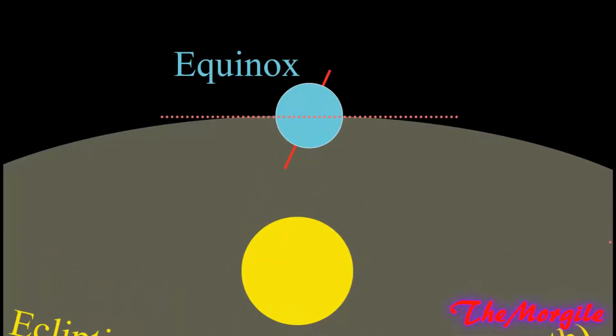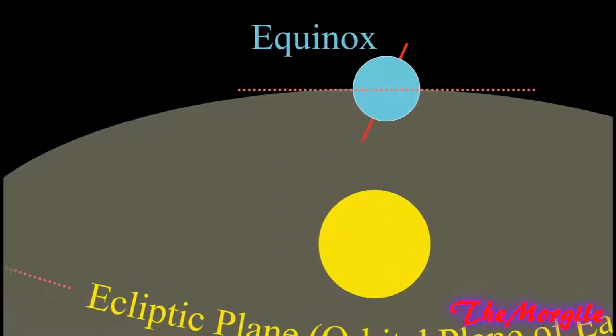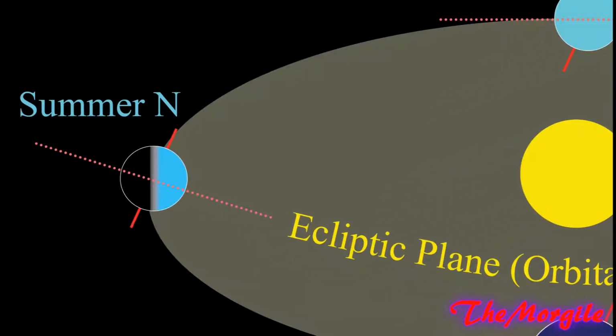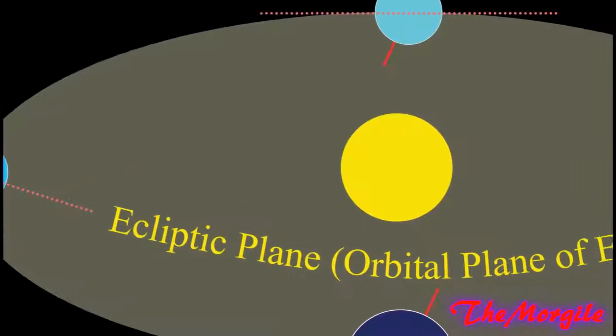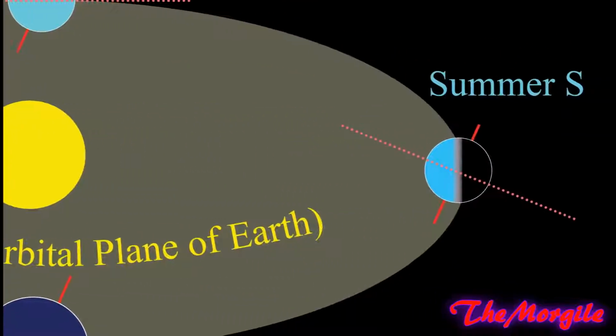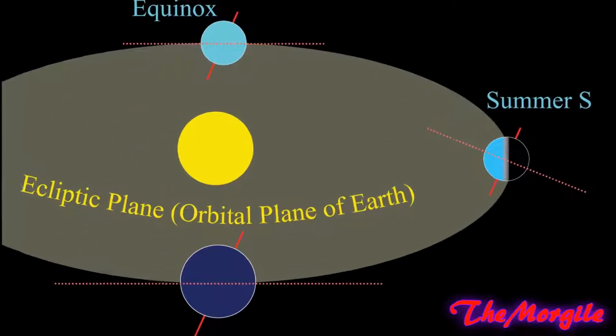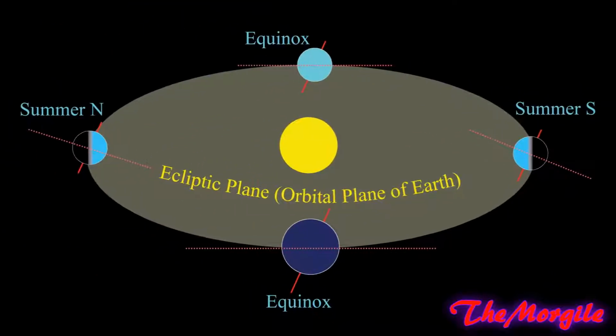On the other hand, during both solstices, that 66.6 degree tilt of the Earth would be at its maximum divergence from the ecliptic in terms of the equatorial plane. So in other words, during the solstices, the equatorial plane would be at its maximum divergence from the ecliptic plane, and during the equinoxes, the equatorial plane would be aligned to the ecliptic plane.